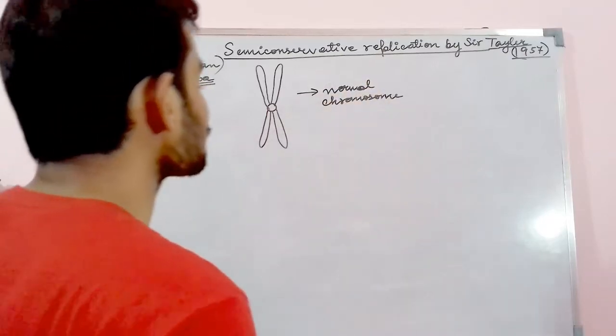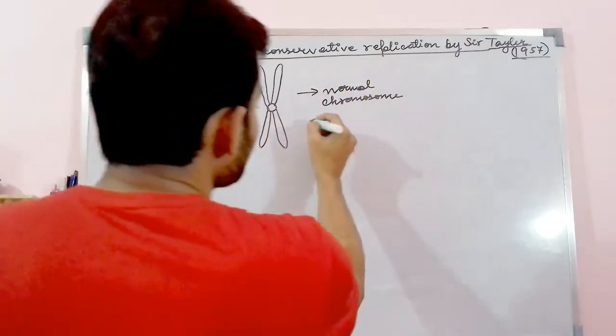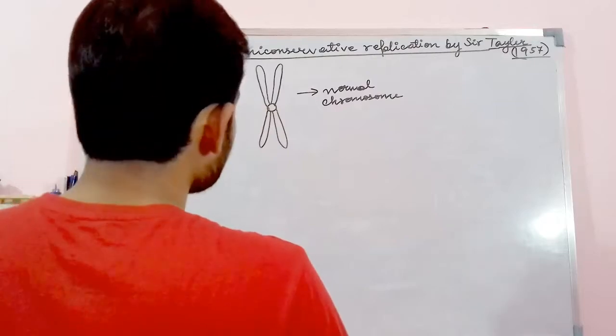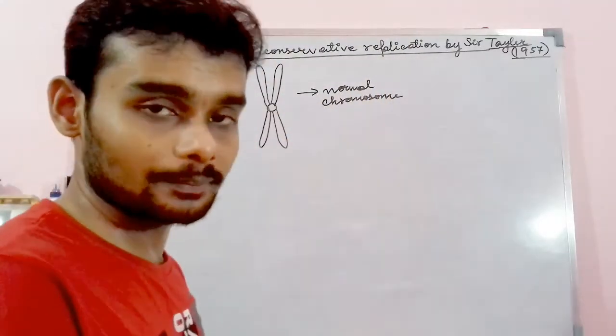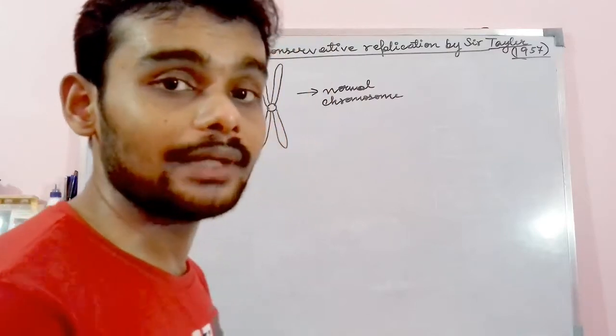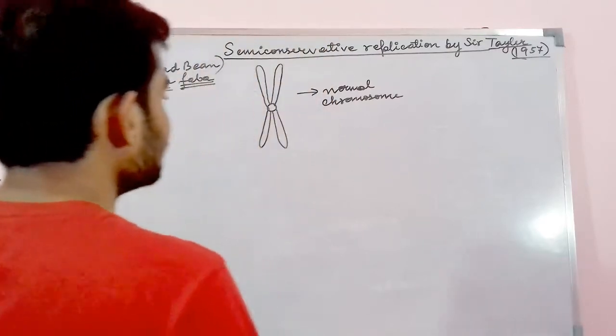This one is a normal chromosome. Now what he did, after a subsequent period, he grew these Vicia faba broad bean cells. He cultured them within a medium of tritiated thymidine.